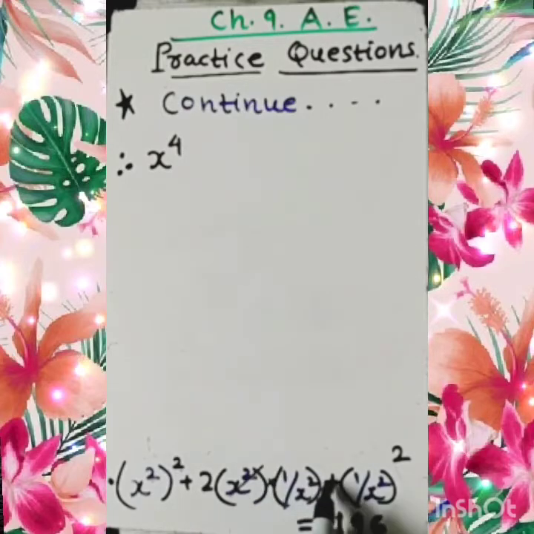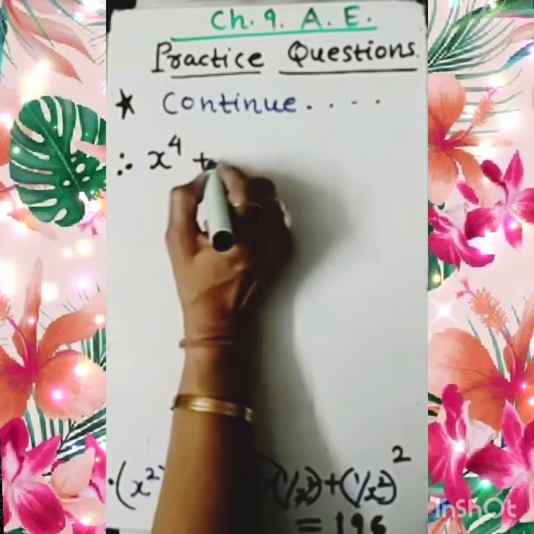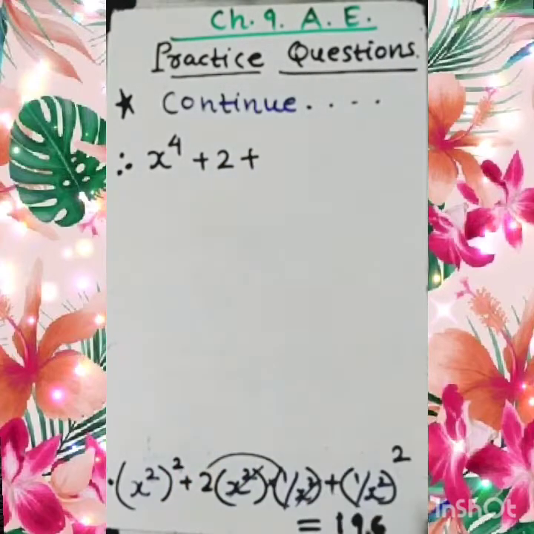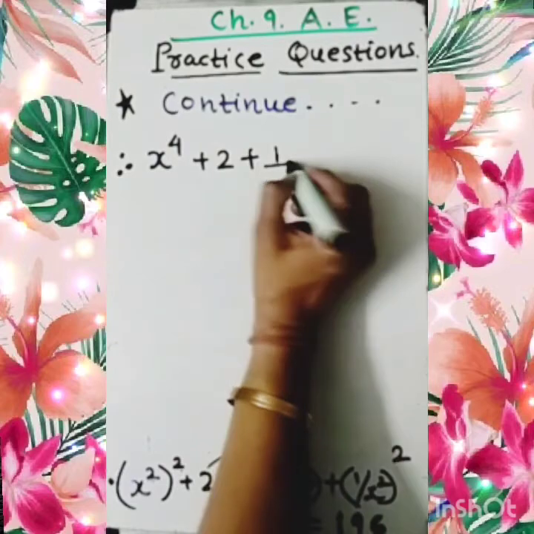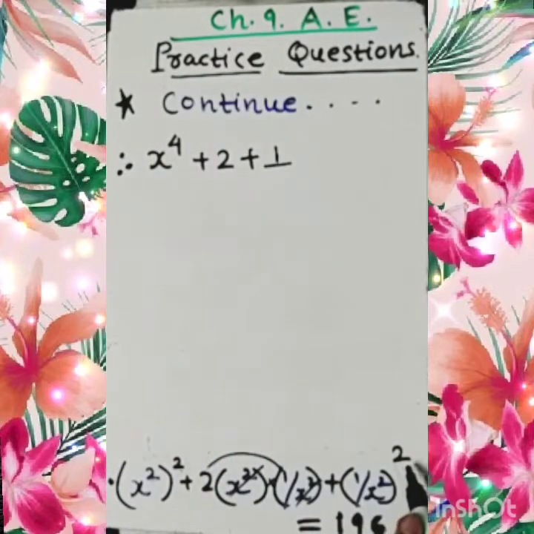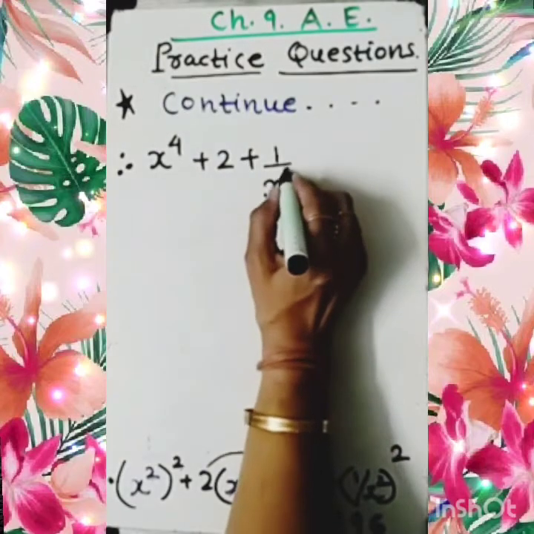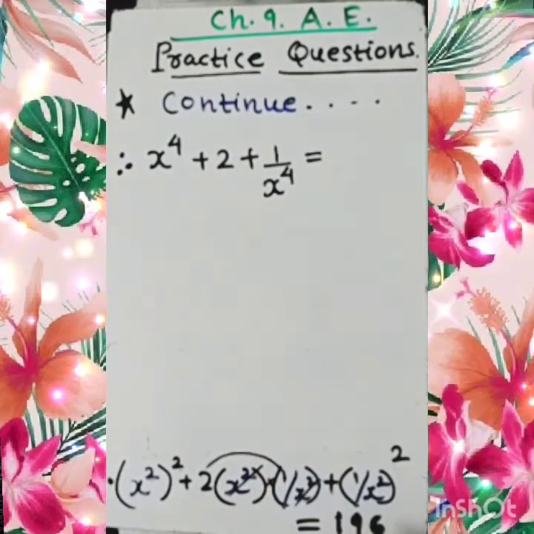This will be cancelled because this is numerator and this is denominator, and 2 into 1 is 2, plus 1 square is 1. What about x square? It's the whole square. x square whole square will be x to the power 4.